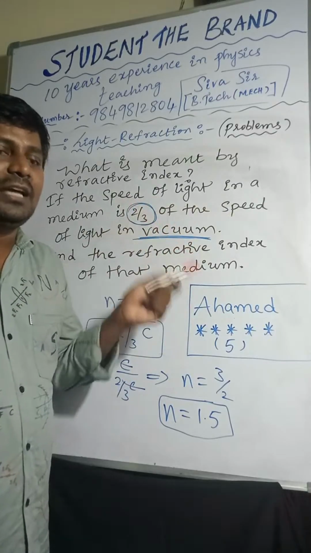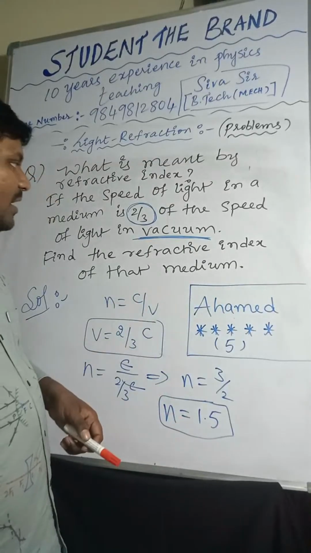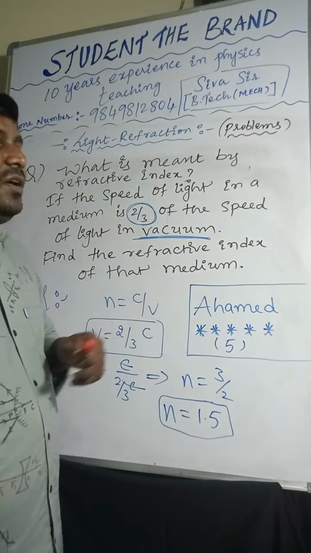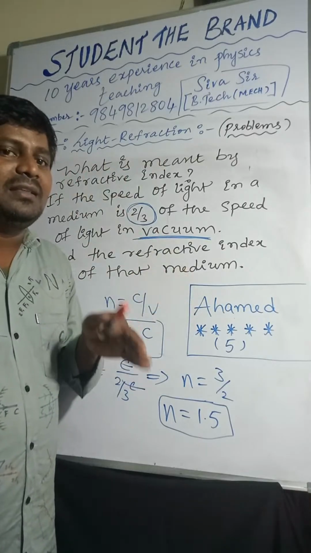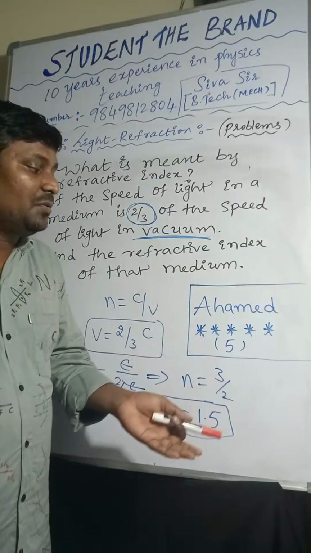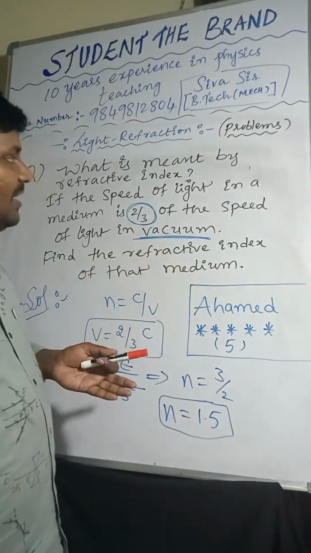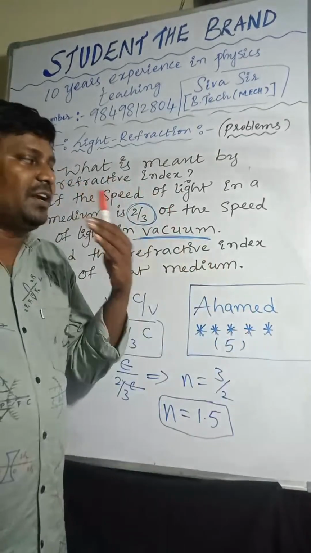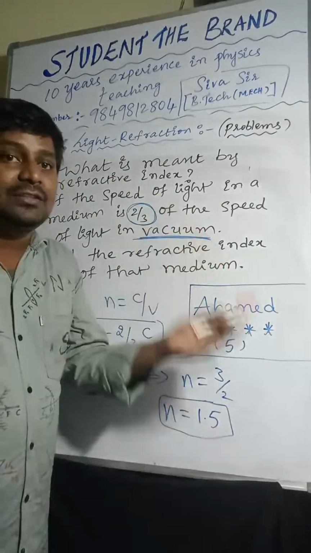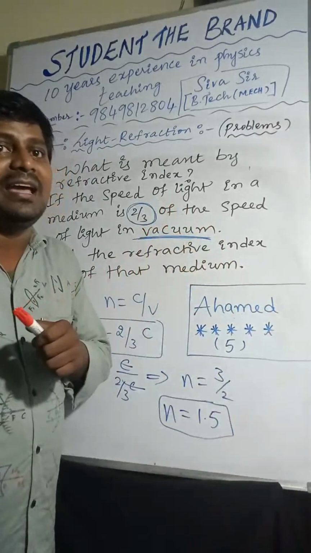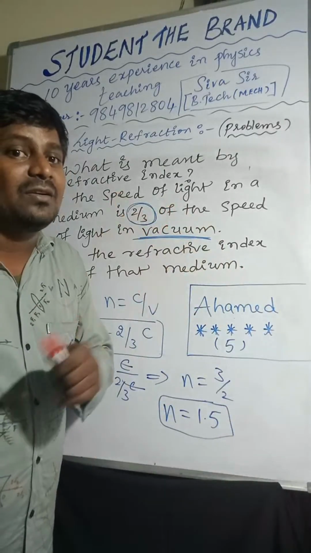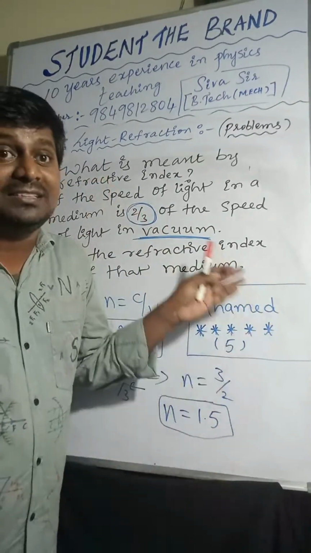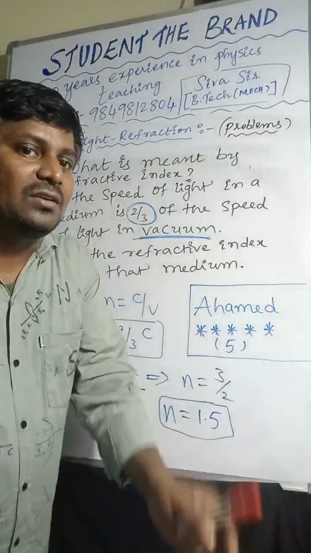Refractive index is nothing but the ratio of speed of light in vacuum to speed of light in medium. What is this called? Refractive index.